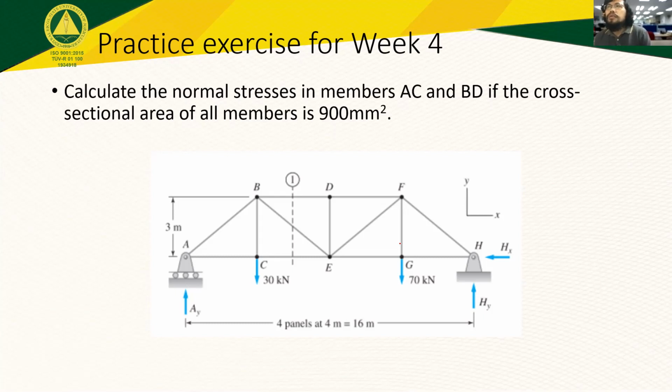What is required are the normal stresses in members AC and BD, with the cross-section of the members the same at 900 millimeters squared. So let me move over to my whiteboard so that I'll be able to compute for this and show the solutions.